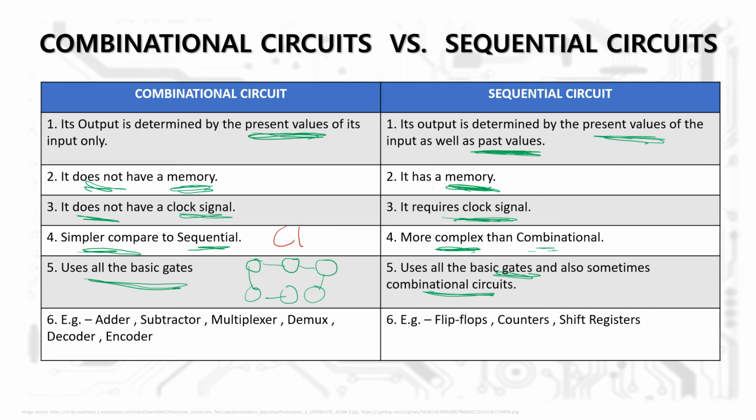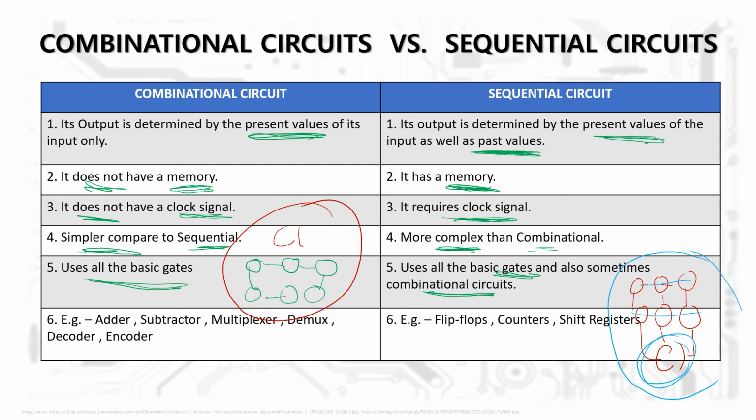And if I want to design a sequential circuit and I have some components, it might be possible that I attach this whole C1 over here, and all these components are connected with each other. As you can see, this sequential circuit contains all the gates along with the combinational circuit, while in a combinational circuit you have only some basic gates.